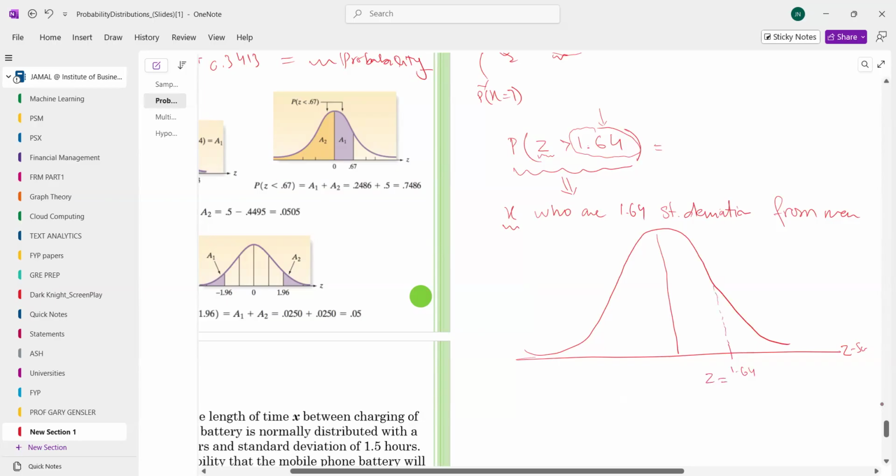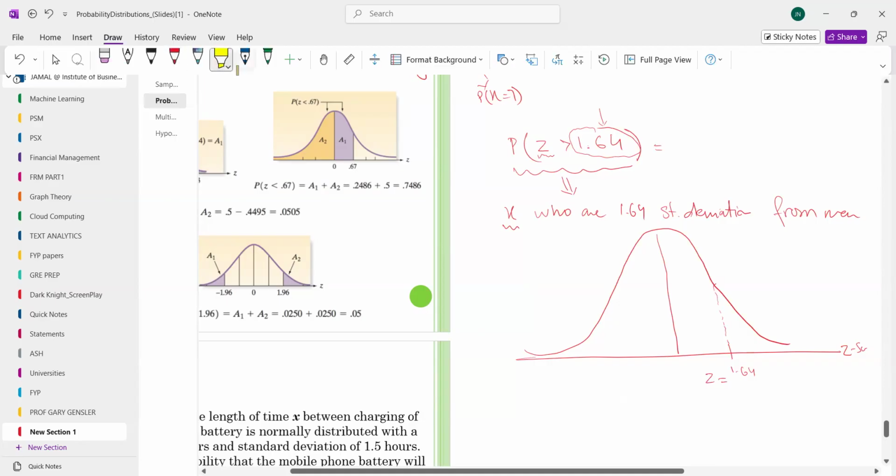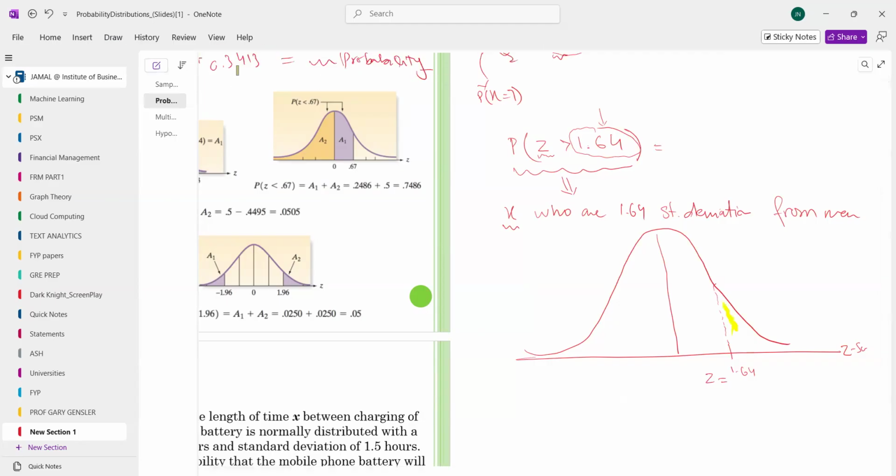So in this question, I'm trying to find the probability of any number that is going to fall in this range, right? I'm trying to find the numbers that are going to fall in this yellow shaded region.